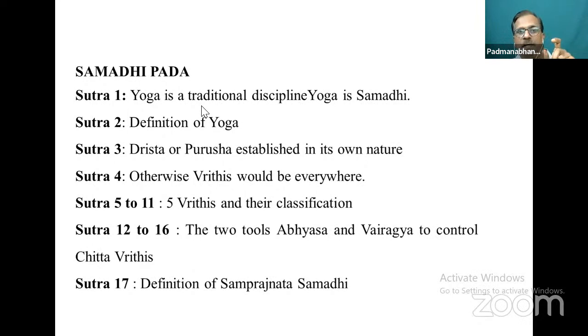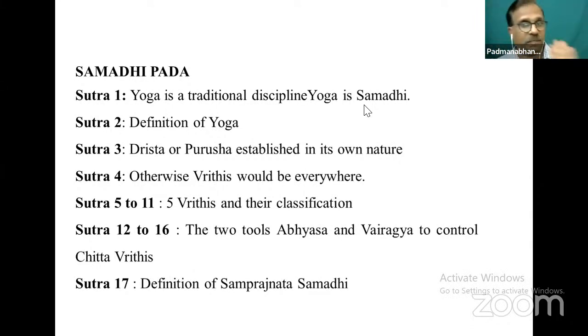Here yoga is defined as Samadhi. In Vyasa Bhashyam, Vyasa clearly discussed: Yogah Samadhih iti. So the first sutra, Atha Yoga Anushasanam, says the yoga is Samadhi.